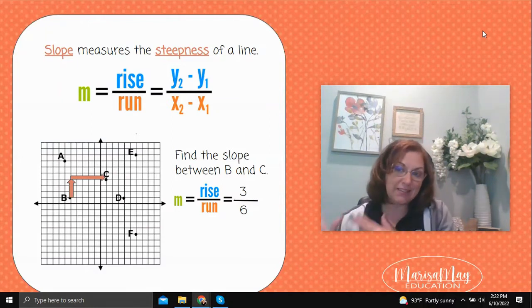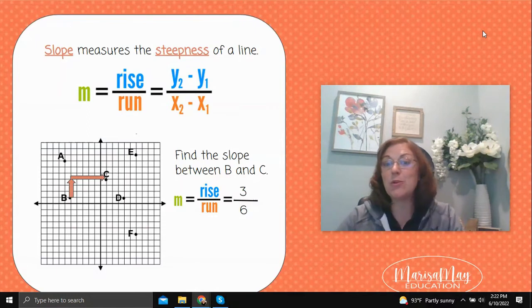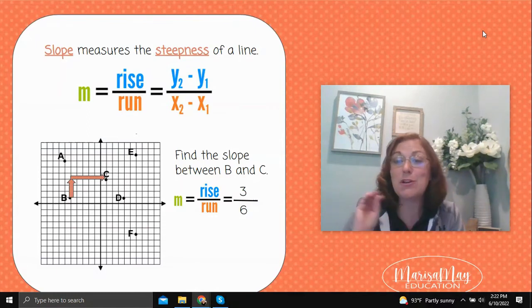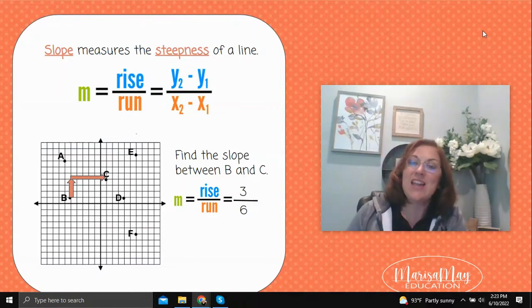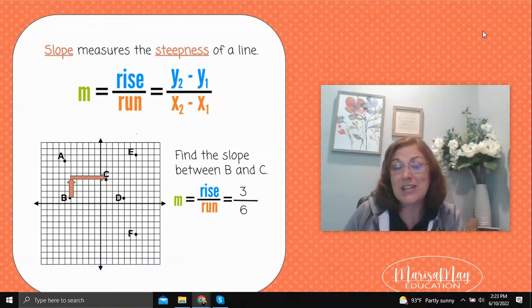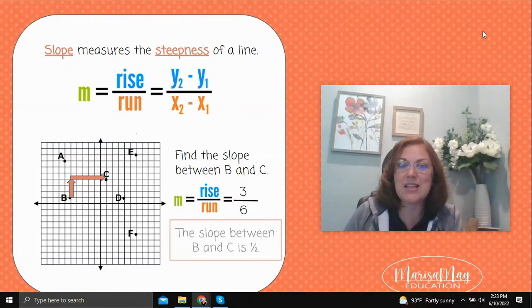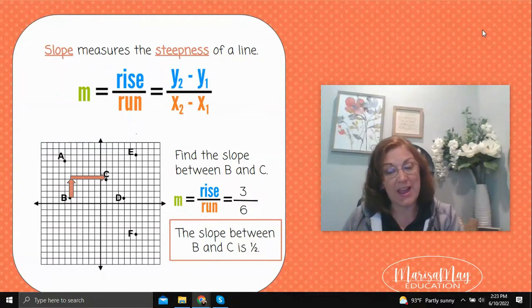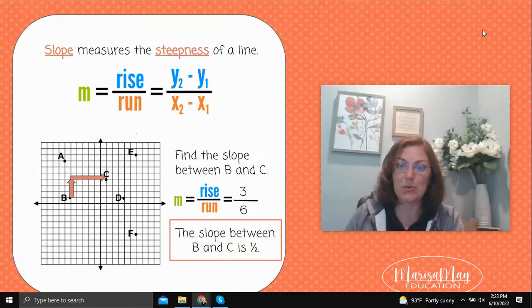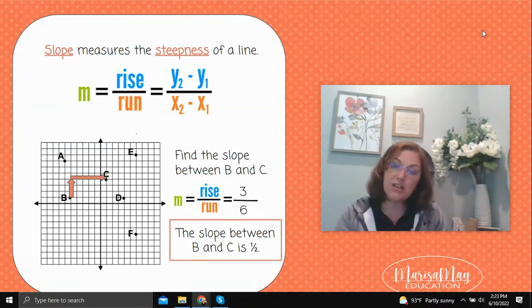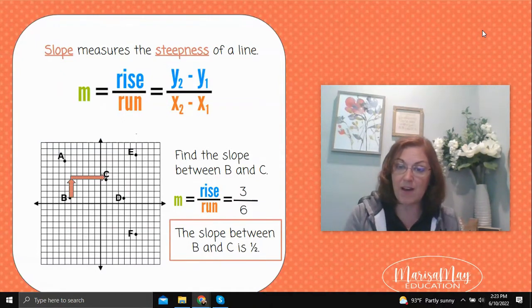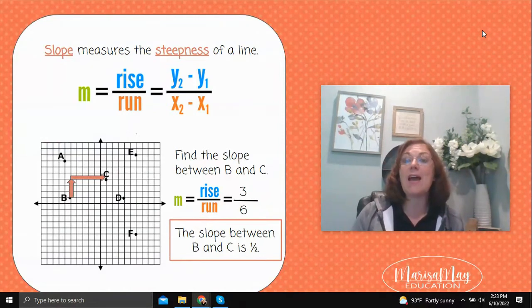If we had gone left, our run would have been negative. Now you can see our slope is 3/6, or if we reduce that, 1/2. We divided both the 3 and the 6 by 3, and we got 1/2. That is how we use the rise over run formula of the slope if we're looking at a graph.